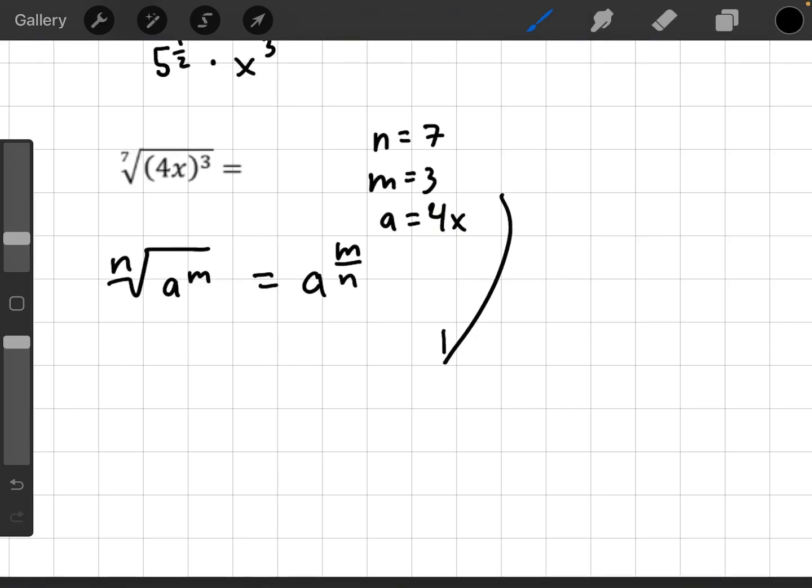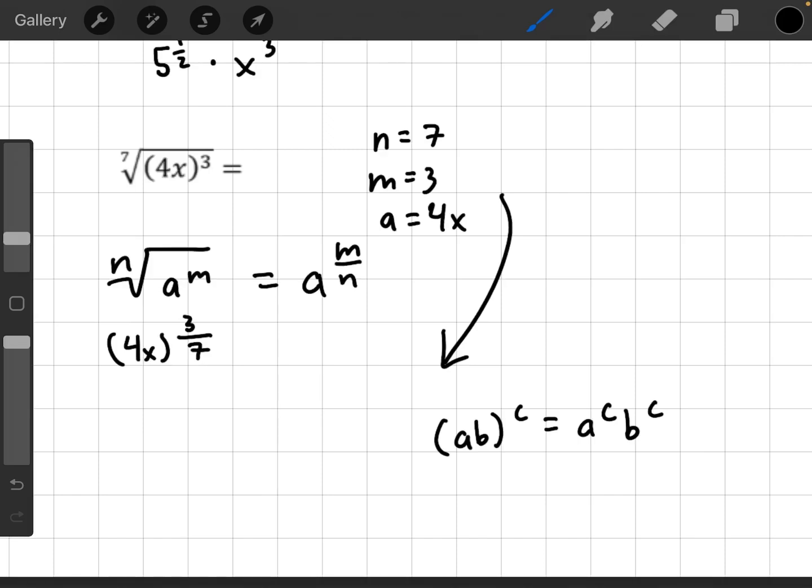So now we can rewrite all of this as a to the power of m over n. So we have a, 4x, to the power of m, which is 3, over n, which is 7. And we can use our rule that we previously learned, that (ab) to the power of c equals a^c times b^c.